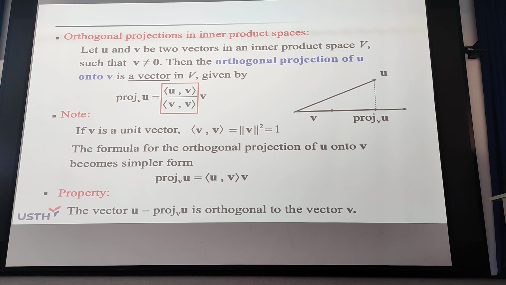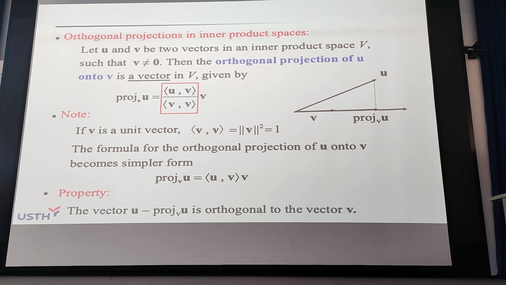The formula is like that, and that is k times the vector V. And the number k, I put it in the red frame here, is a number defined by the inner product here. In case V is a unit vector, then we have that one, so the formula becomes much simpler like that.